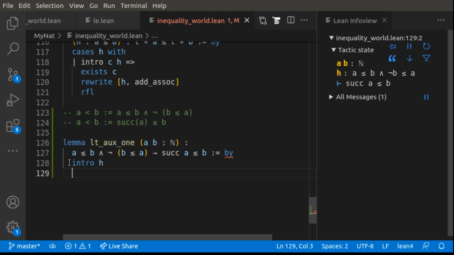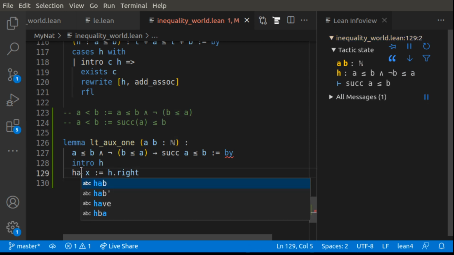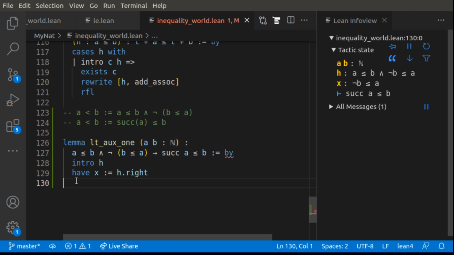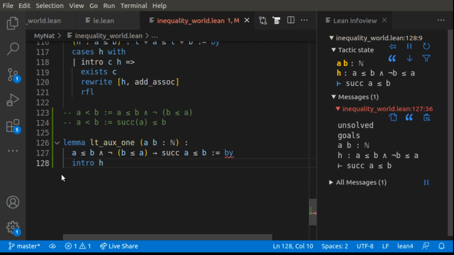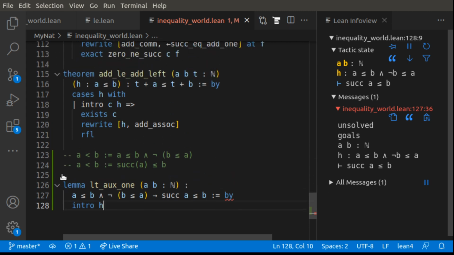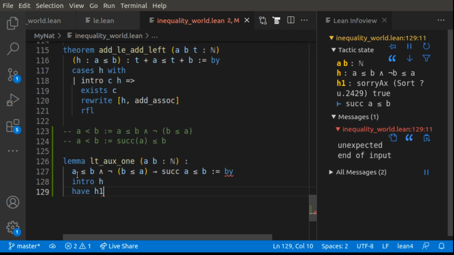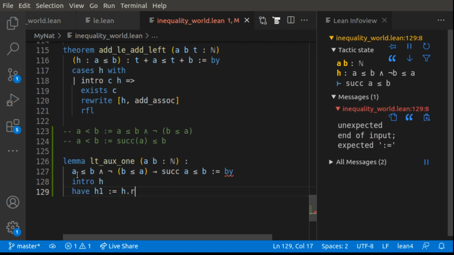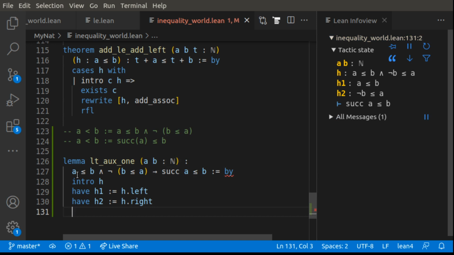A is less than or equal to B, and not B is less than or equal to A. Okay, so we have h.left, h.right, which we can access, and then we want to prove that successor of A is less than or equal to B. I'm going to split, have h1 be h.left, have h2 be h.right, just to have them a little neater.